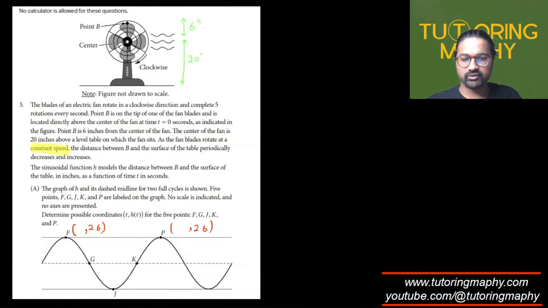We are yet to figure out the x coordinate. And j is the minimum value, which means that the point must have been over here at that point. So what will be the distance from the ground? Obviously from the ground it is going to be, if we notice carefully, this is also 6 units.